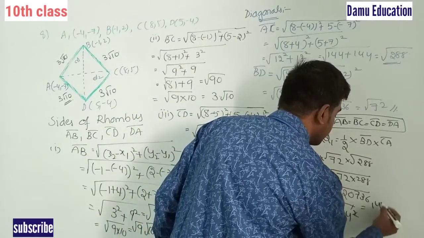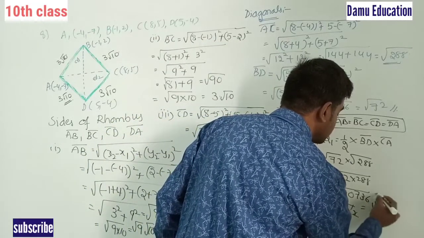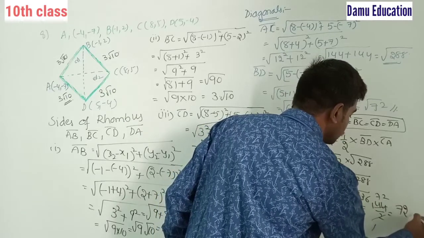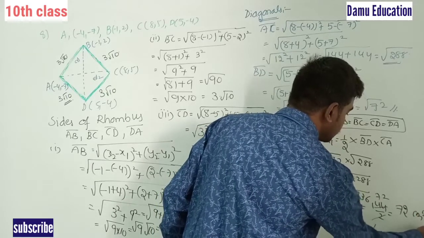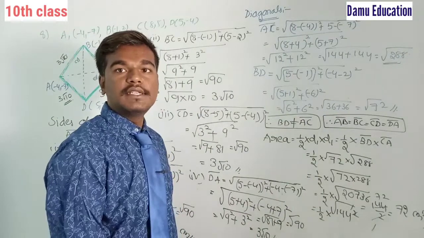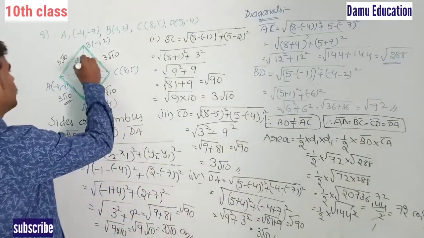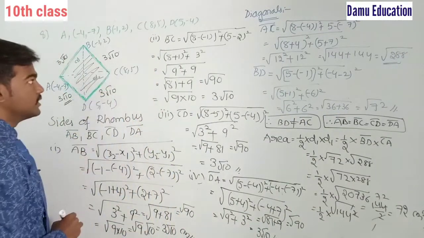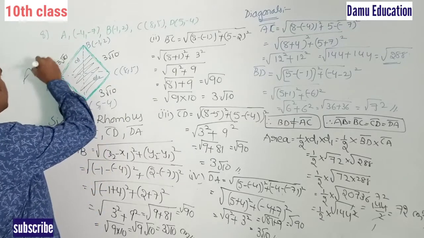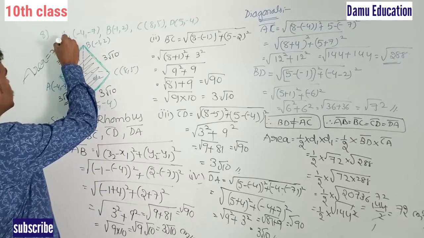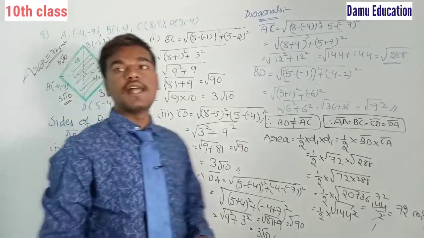So that will be 144 by 2, that is 72 centimeter square. This is the area of the rhombus. So the area will be equal to 72 centimeter square.